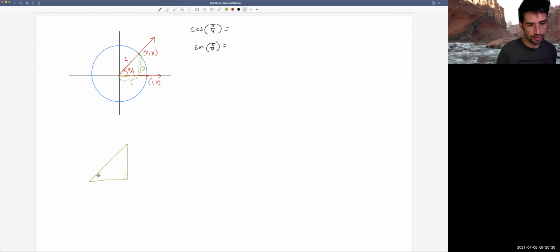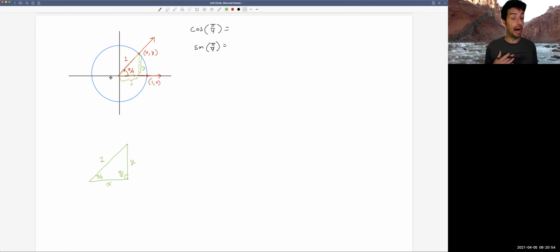A little trick to this one: this right angle is the same angle as that quarter turn of a circle. This will be pi over 2. If you recall from geometry, if you sum the angles in a triangle, you'll always get 180 degrees. It's probably how you've heard it. That is a straight line angle. In terms of radians, that's pi.